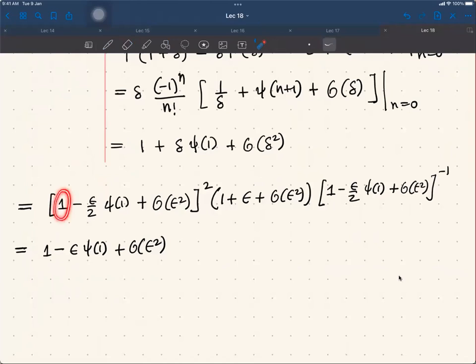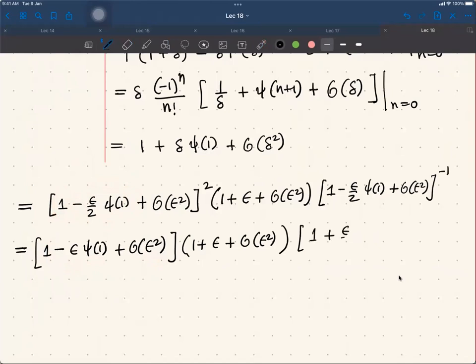So 1 square is 1, and then this square will be within order epsilon square. It is 2 times 1 times this factor. And this is 1 plus epsilon by 2.